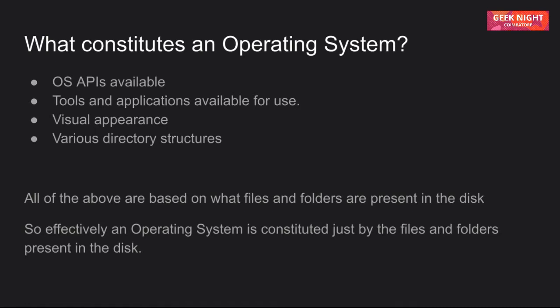If we can create a similar folder structure and have similar functionalities and make something boot on its own, then we can call it an operating system. And in this talk, we will be looking at creating variants of Linux operating system, specifically under the Debian tree.